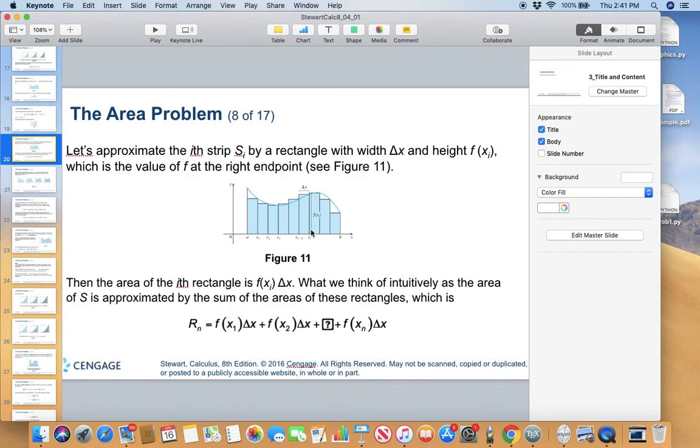R stands for right endpoints, so we are taking the height of each rectangle to be the value at the right endpoint of the interval.